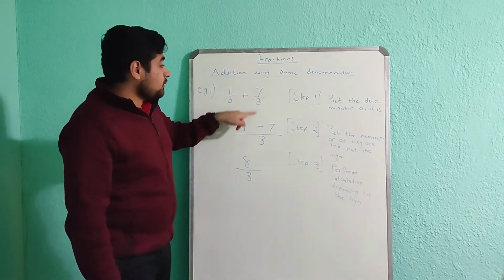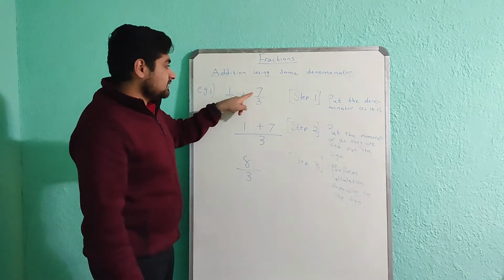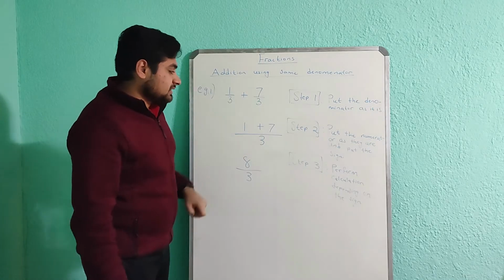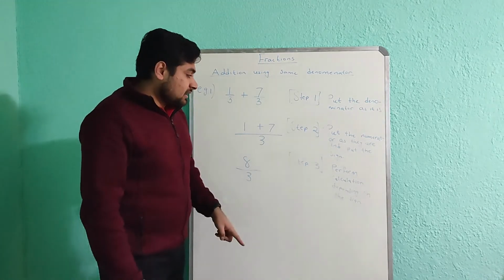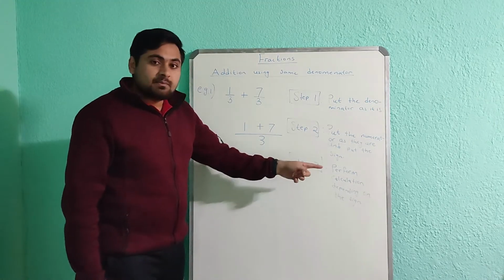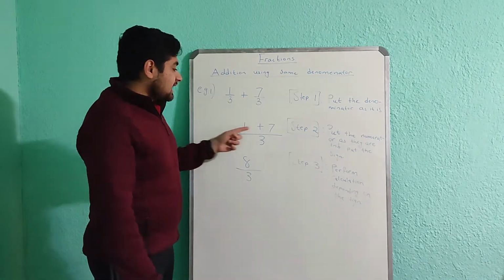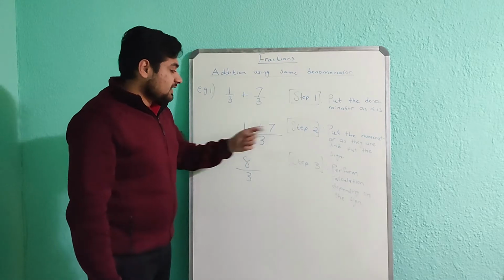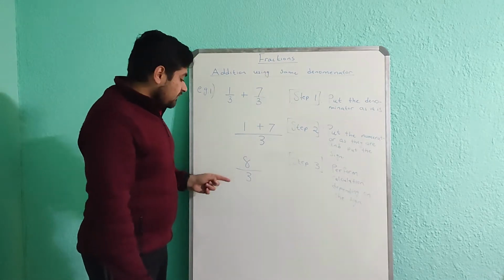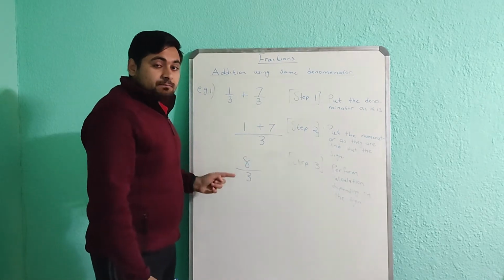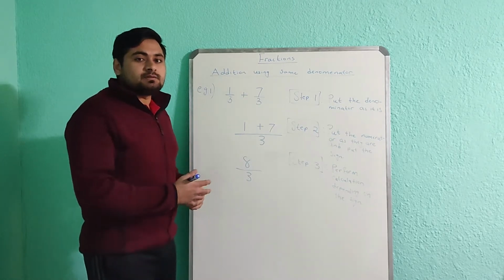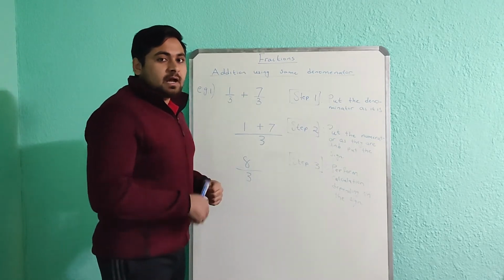It's plus. And what is the numerator of the second fraction? That's 7. So you put 7 as it is. And finally, step 3 is perform the calculation depending on the sign. We have seen it's addition, therefore we just add the numerators, which is 1 plus 7, which is 8. And then finally our answer is 8 over 3.